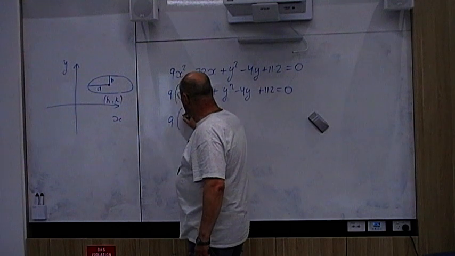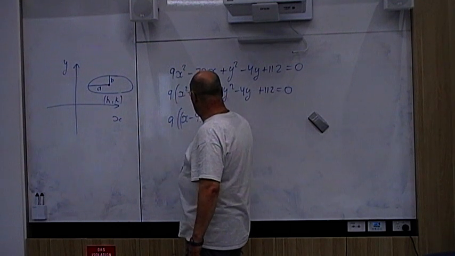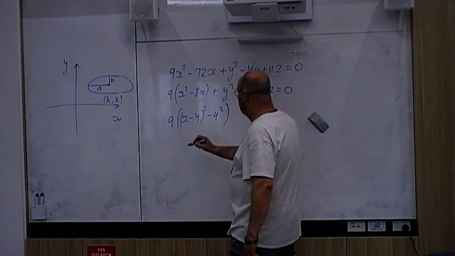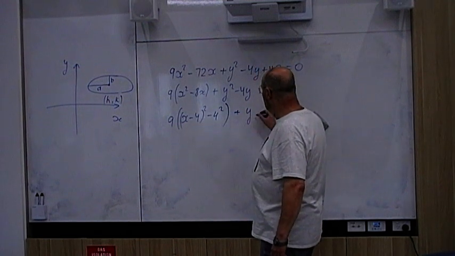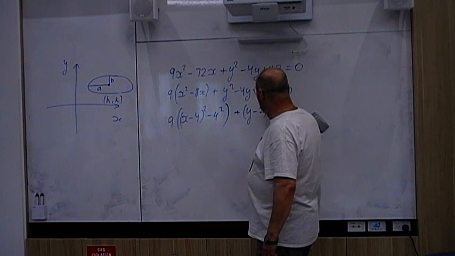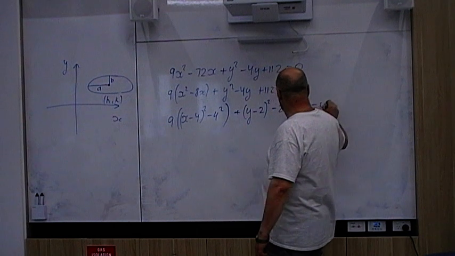Then we have 9 times (x minus 4 squared minus 4 squared), completing the square for this, plus (y minus 2 squared minus 2 squared) plus 112 equals 0.